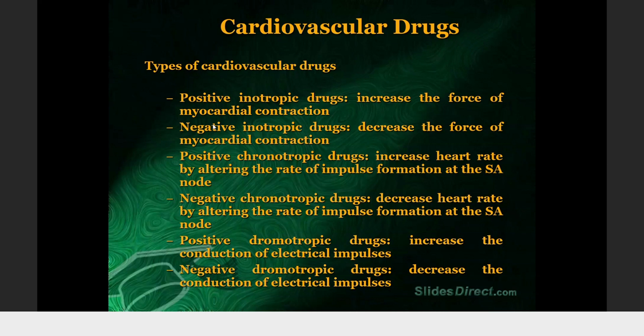The best model to study the cardiovascular system is the dog, the canine, because the similarity between the heart of the dog and the heart of the human is quite high.